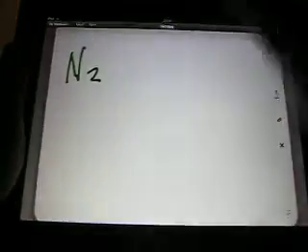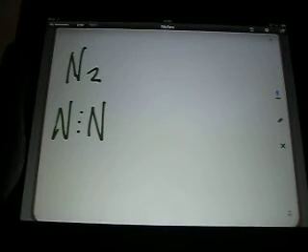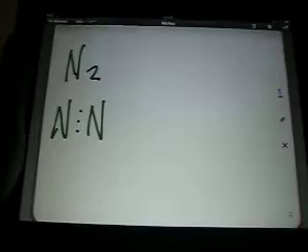So we also have dinitrogen in its gaseous phase, or N2, and that is 2 nitrogen atoms bound in a triple covalent bond. So that's what it kind of looks like.